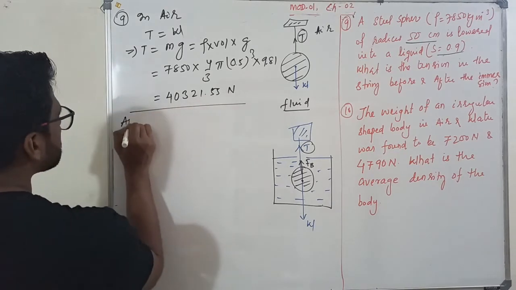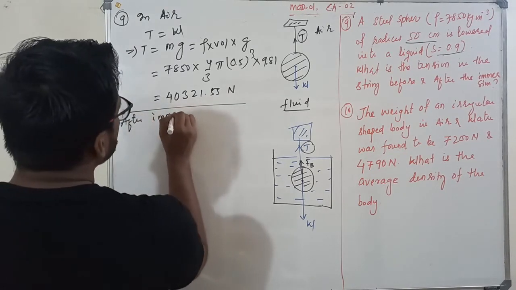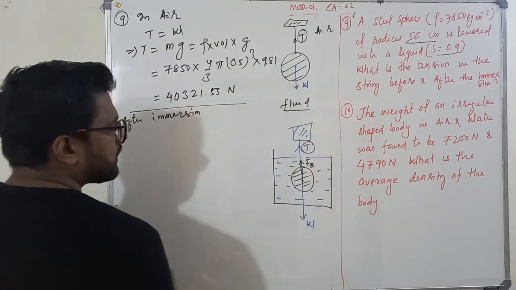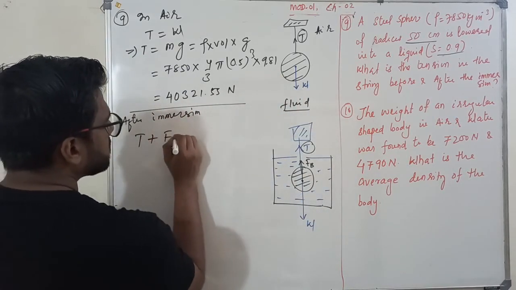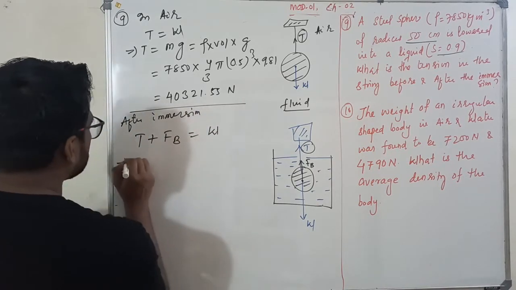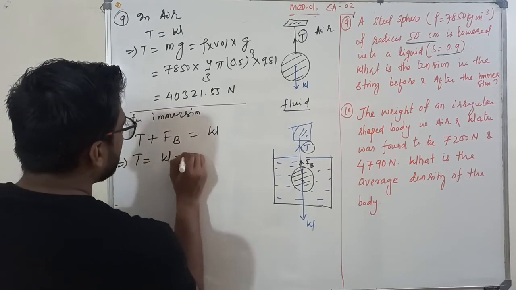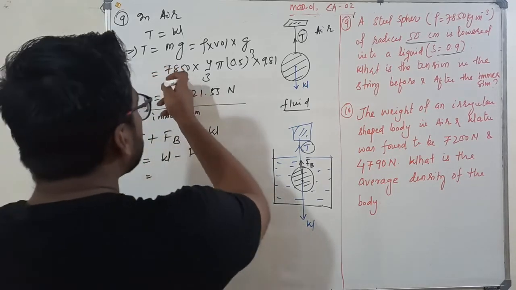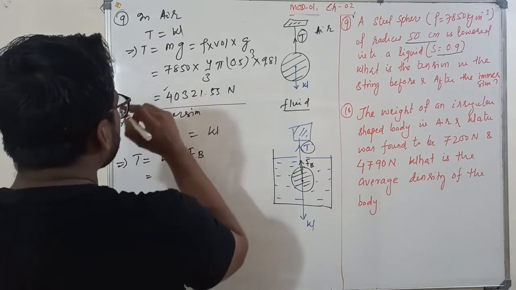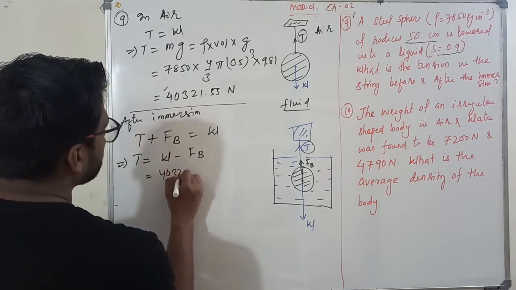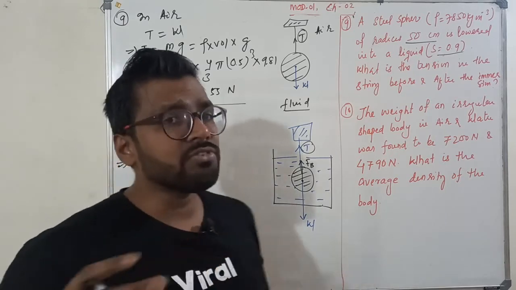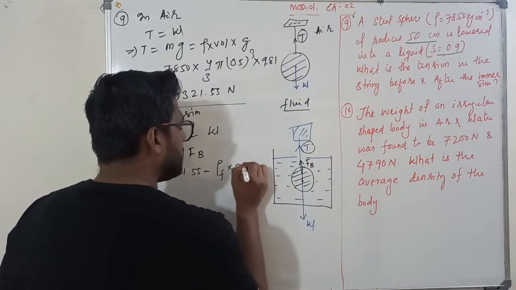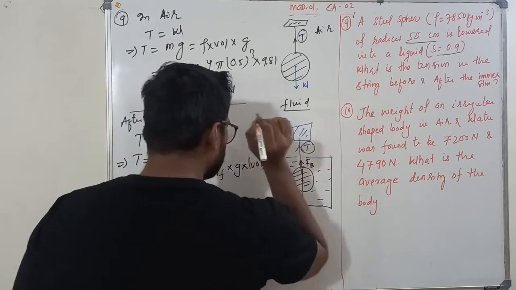After immersion, tension and buoyancy force are in the same direction. So T plus buoyancy force is equal to weight. This implies the tension in the string is weight minus the buoyancy force. The weight, already calculated, is 40,321.55. The buoyancy force formula is density of fluid multiplied by G multiplied by the volume displaced.